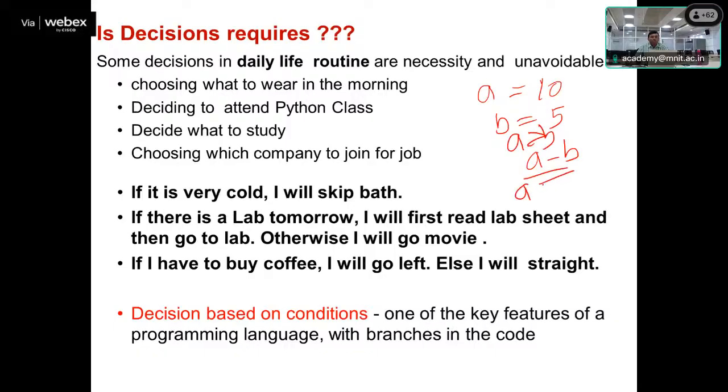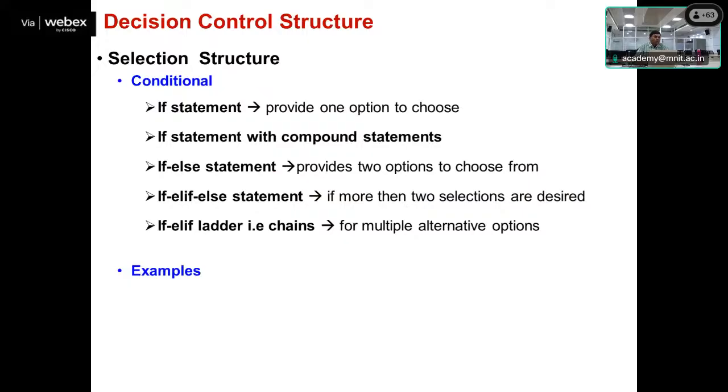If A is not greater than B, I can do the multiplication of A and B. So sometimes we have to take a decision from more than one option. It means we are required to take decisions in programming languages also, which we cannot avoid or skip. So we have different decision control structures.